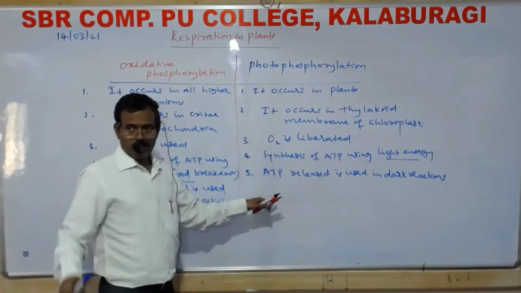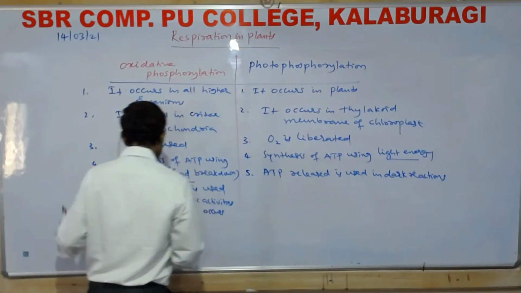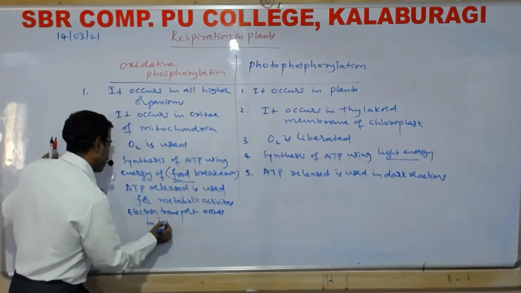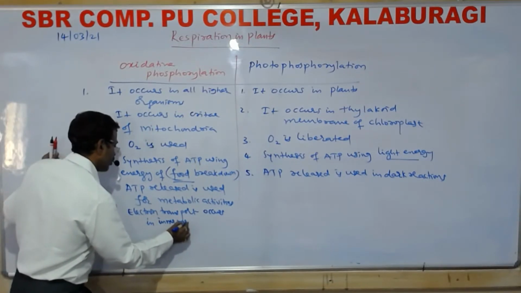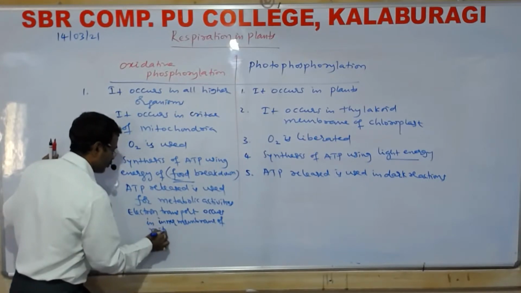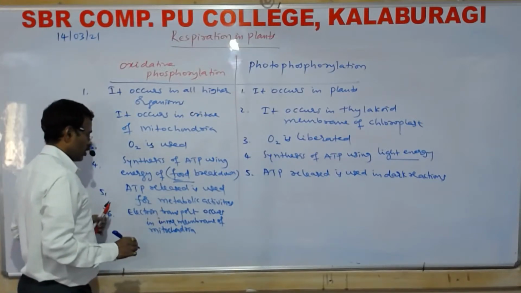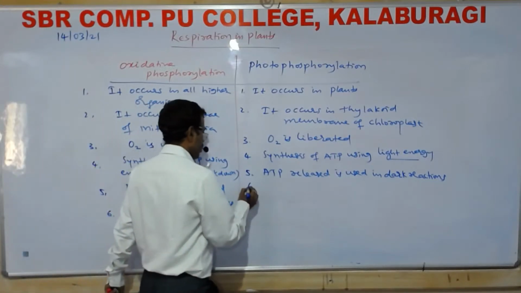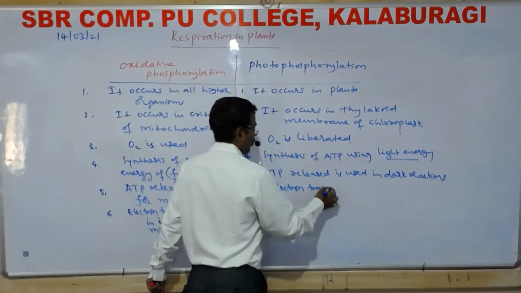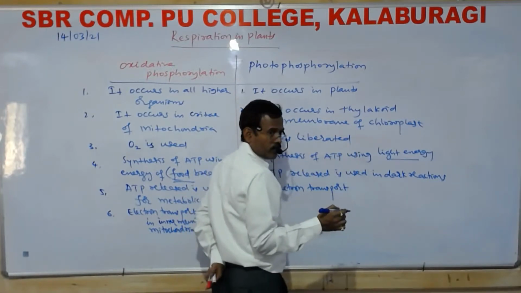Electron transport occurs in the inner membrane of mitochondria. Here, electron transport occurs on the thylakoid membrane. Is it or not?